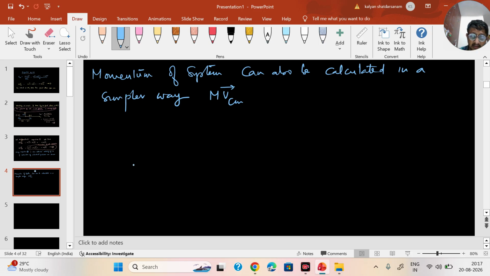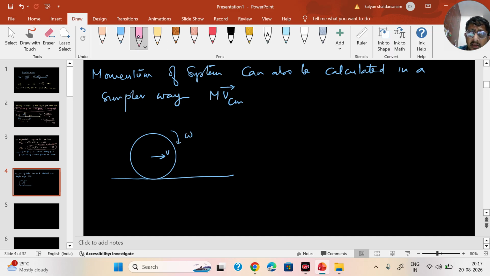You know, for example, sometimes we will see later in other topics, there may be a ball, okay, and this ball is going forward and also rotating, and you want to find its momentum. I don't care about all the particles, just go to center of mass. This is center of mass if it's a uniform ball, and that fellow is moving with a velocity v, always going in a straight line.